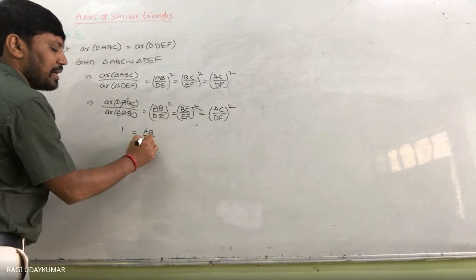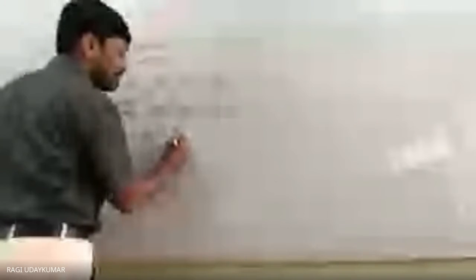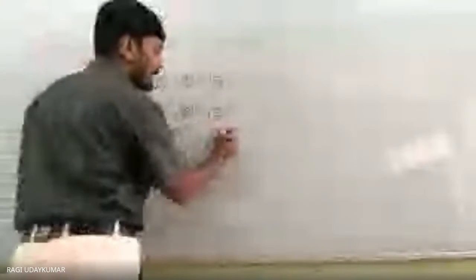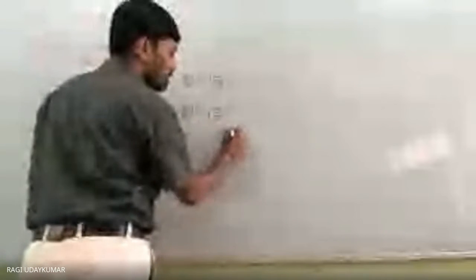So AB by DE whole square equals 1, BC by EF whole square equals 1, AC by DF whole square equals 1. Then from this, what you can say: AB by DE is equal to 1.